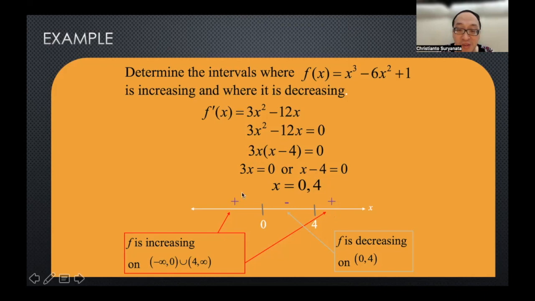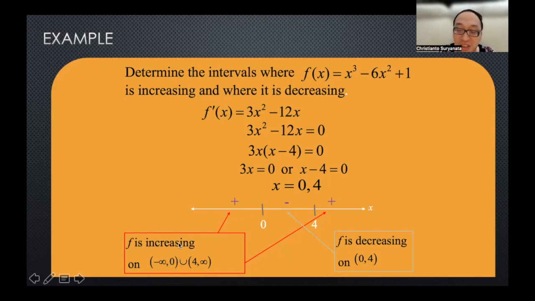Now, from here, we know that this is the result of the first derivative, the gradient. So the gradient is positive when x is smaller than 0. So we can say the function is increasing in this interval from negative infinity until 0.